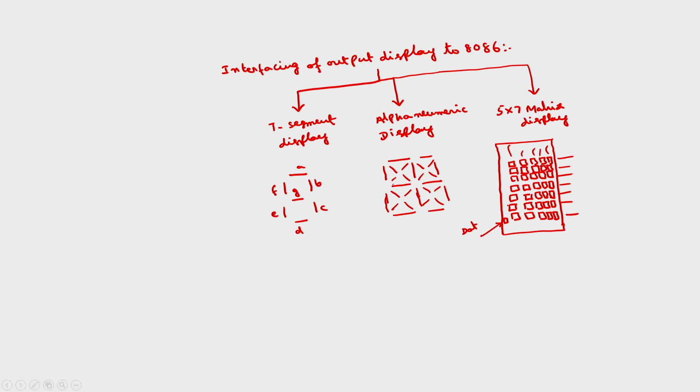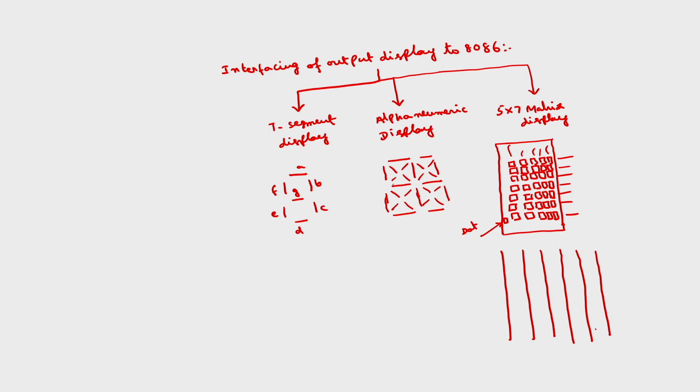If I look inside this, the circuitry will be something like this, so we have 6 rows totally, connected through diodes, that is light emitting diodes, LED.